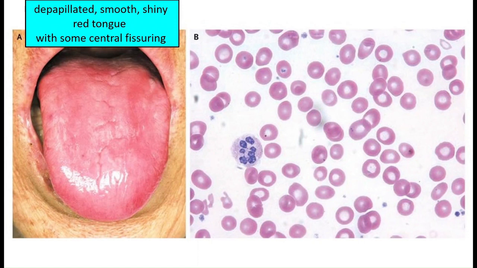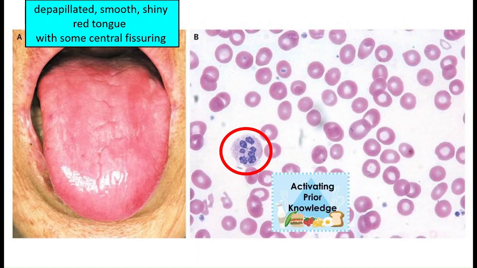Now, if you want a hint what is this manifestation, it is present in this image of a neutrophil when there is hypersegmentation of the neutrophils. This is caused by something I am sure you already know, but you need some activation of your hemolymphoid system.